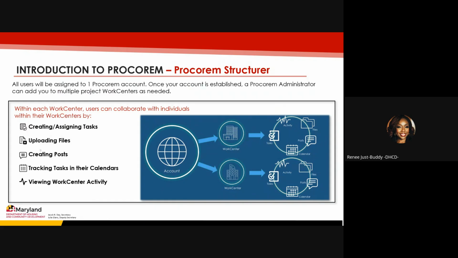And from your work centers, you can collaborate with other members in your work center by doing any of the following: creating or assigning tasks, uploading files, creating posts, tracking tasks in their calendars, and viewing any work center activity. Later on, we're going to take a look at how all of this can be done by looking at the system demo.